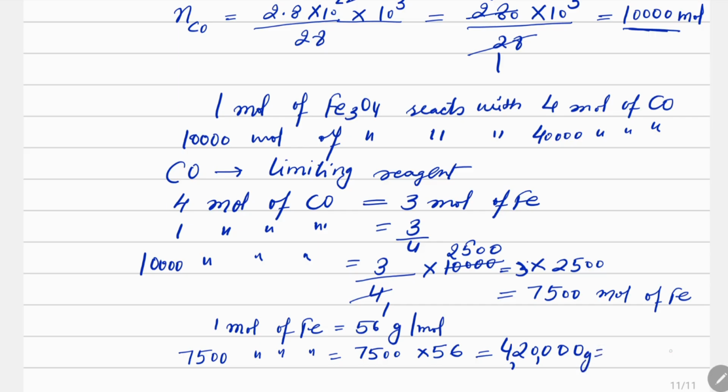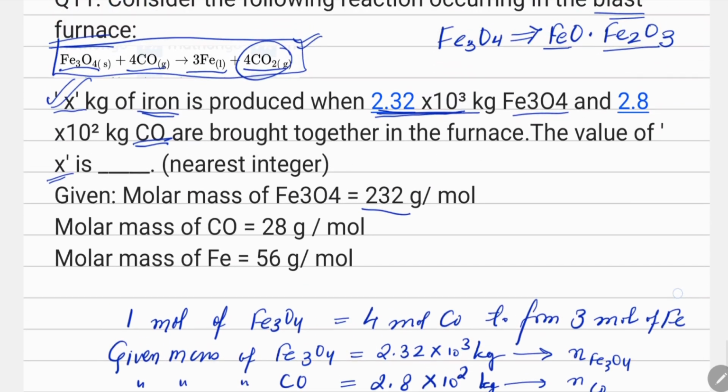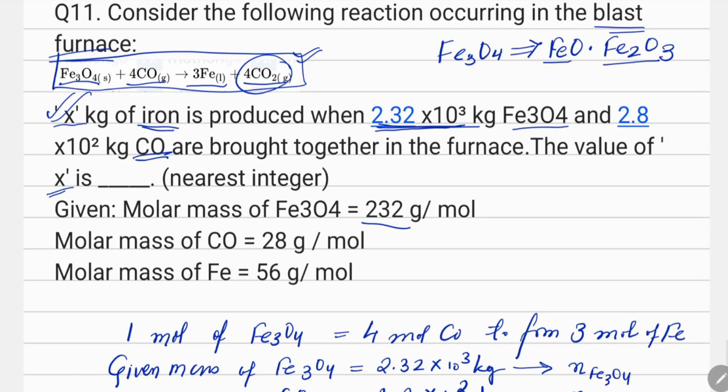But the question asks in kilograms, so it becomes 420 kilograms. It is asked as the nearest integer, in kilograms, so the answer will be 420 kilograms. That's how you calculate this kind of question. Whenever a question is related to a limiting reagent, first find out what the limiting reagent is.